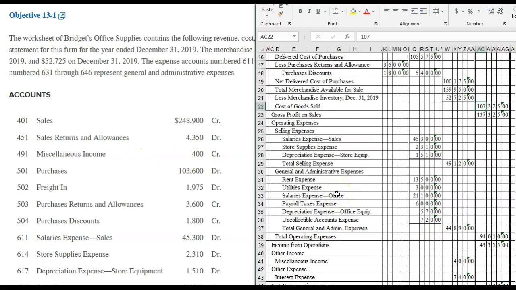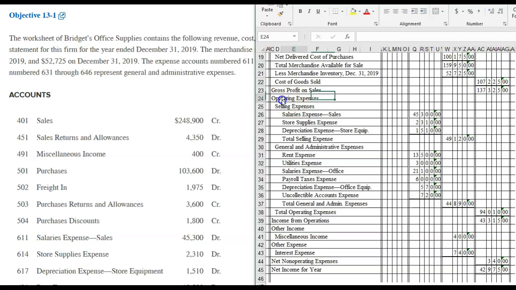Take a look down at the expense area. You separate the expenses here from operating expense. Notice this. You have an operating expense area, and they separate it from your administrative expense. Totally different categories. They always do that. Every company separates the selling expenses from the administrative all the time, because some things are taxed differently.